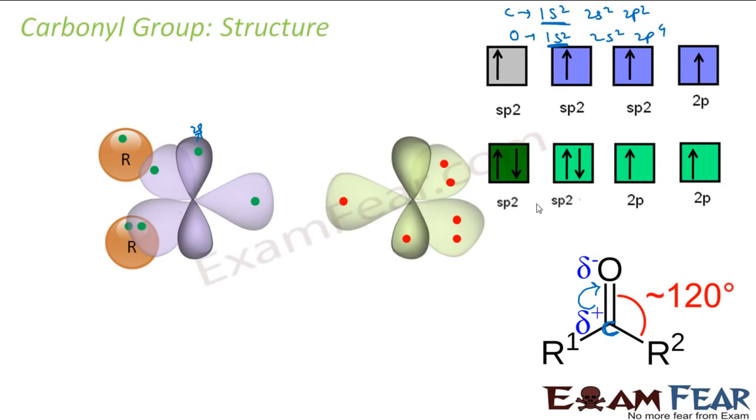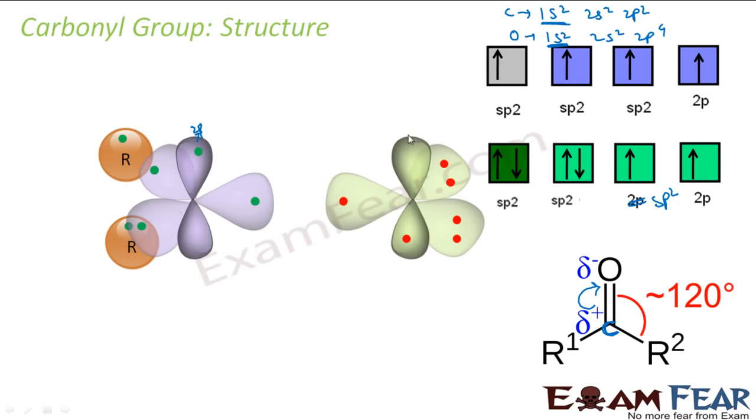This is also sp2 hybridized. This is a mistake, this is also sp2. So 3 sp2 and 1 2p, the horizontal one. So here also I have one 2p, here also I have one 2p.